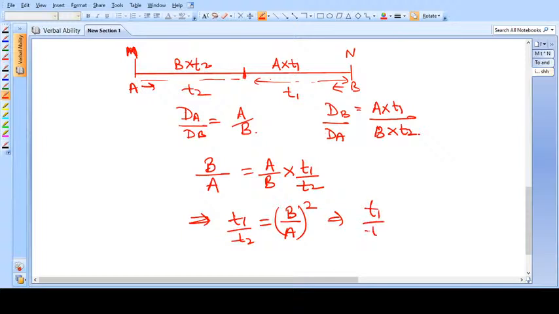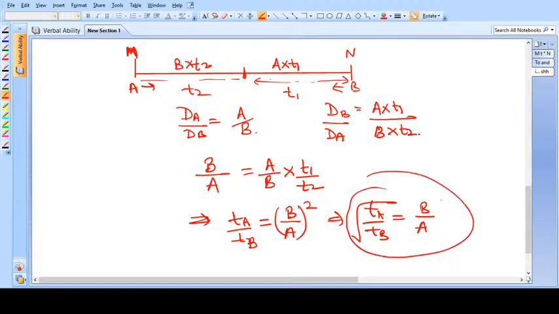So root of T1 upon T2 will be equal to B upon A. T1 is the time taken by A and T2 is the time taken by B. So this is what is known as inverse root proportionality. B is proportional to 1 upon root TB and A is proportional to 1 upon root TA.